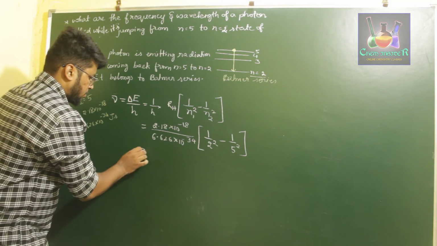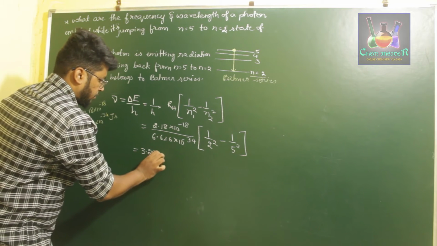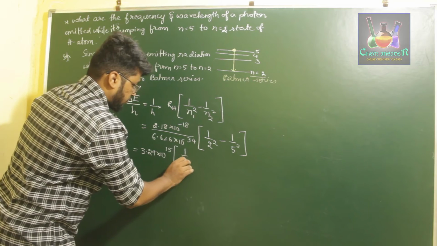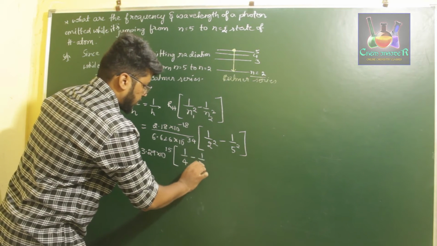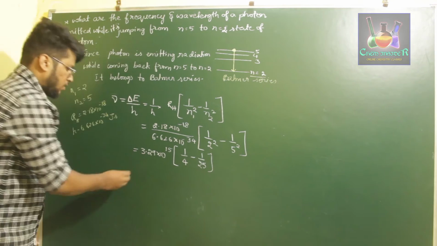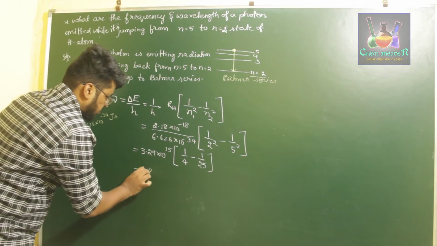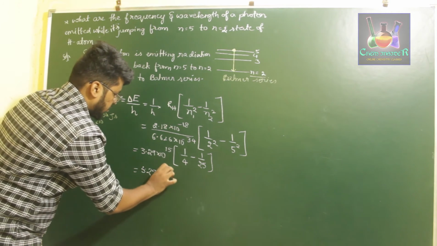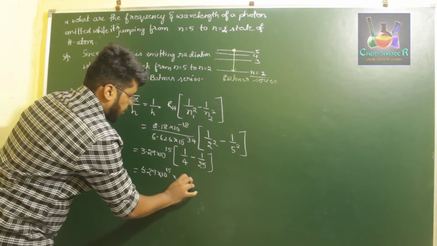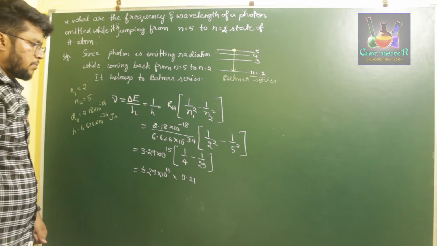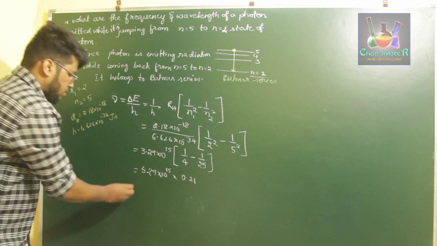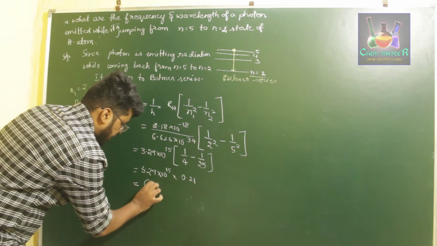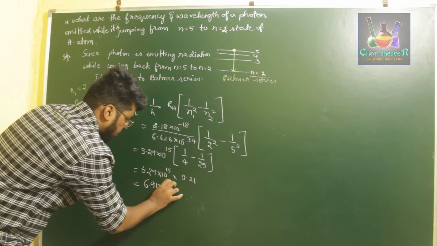That equals 3.29 into 10 power 15, 1 by 4 minus 1 by 25, which is equal to 3.29 into 10 power 15 into 0.21. So 1 by 4 minus 1 by 25 is 0.21. Multiplying these two we get 6.91 into 10 power 14 Hertz.